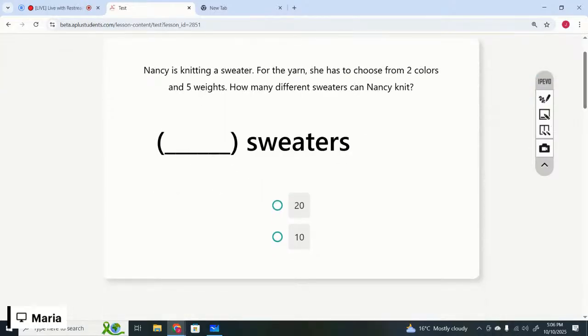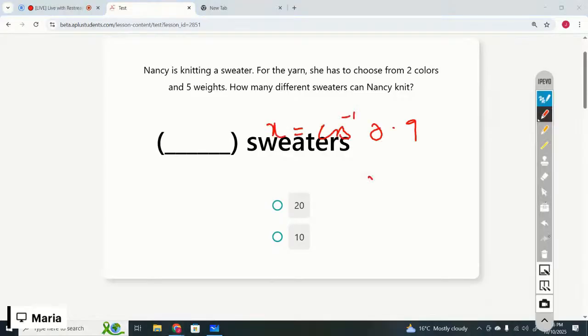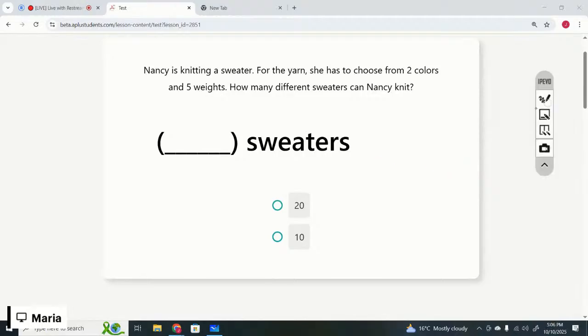For the yarn, she has to choose from two colors and five weights. How many different sweaters can Nancy knit? So Nancy has two choices to select the color and the weight. So you need to calculate the total outcome. So 2 times 5 is 10. So the correct option is 10. Option number 2 is the correct option.